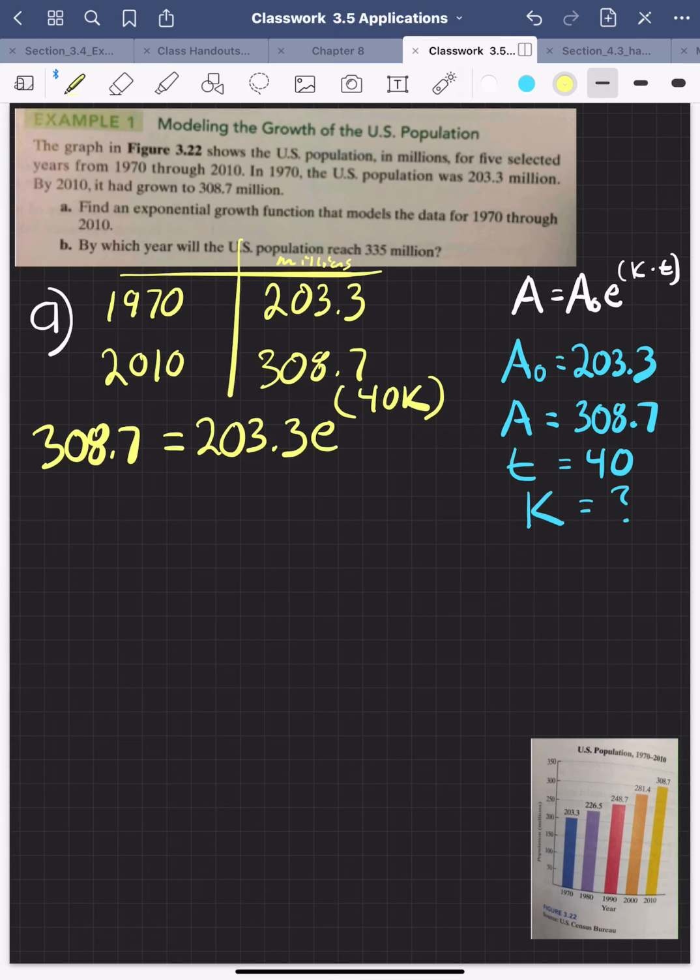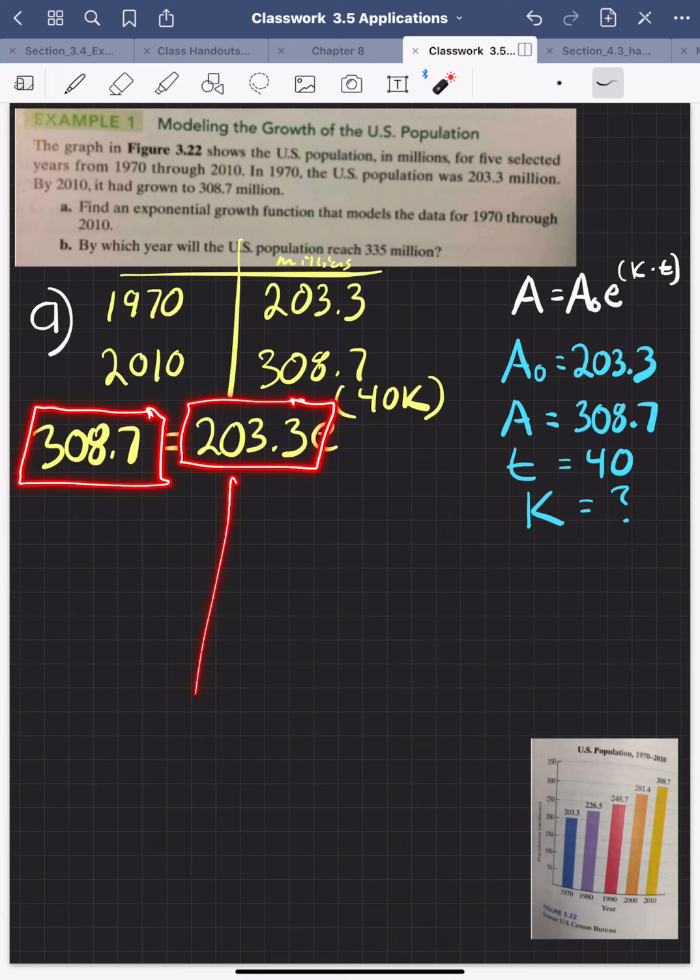Okay, piece of advice, if you want to make life a lot easier on yourself, just leave this as 308.7 and leave this as 203.3, and whatever your answer is, we know that that's in millions.